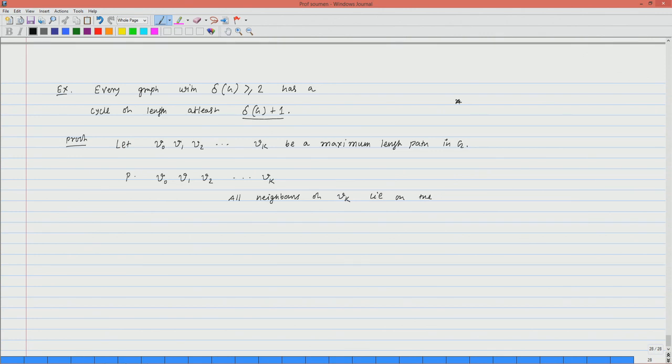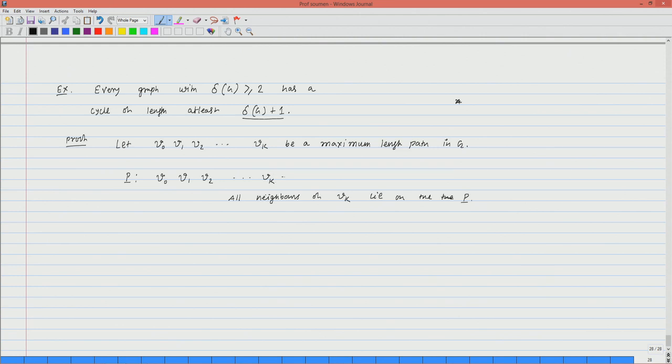Let me call this path as P. This is true because if there is a neighbor of Vk which is not on the path, you can add that vertex here and get a larger length path, right.